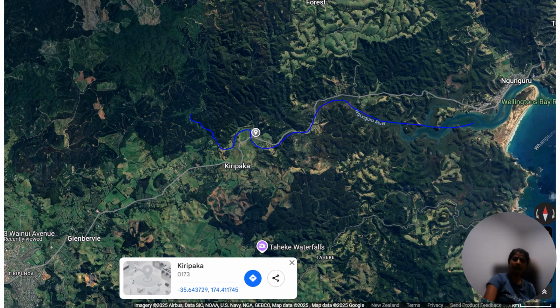And in early 1900s, this area Kiripaka, you can see in the slide there, it had coal mining occurring from early 1900s till 1920s, and this river must have been used for transportation of that coal and people.